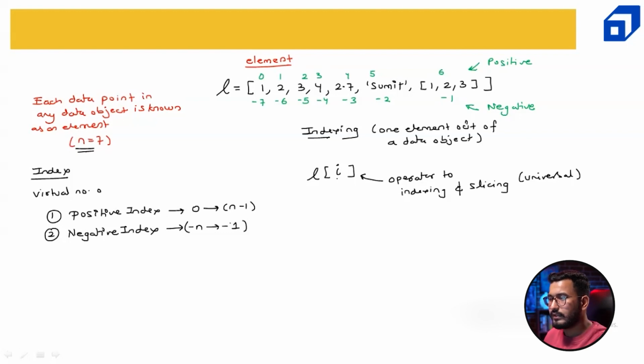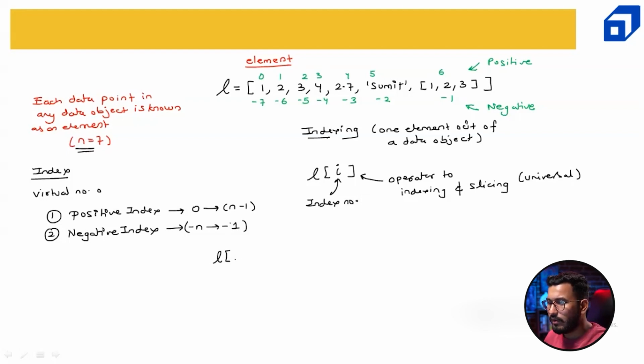Now i here is basically the index number. If I have to perform indexing, I will first write down the variable name, followed by the square brackets, and within that I need to declare the index number. Let's quickly take one example.